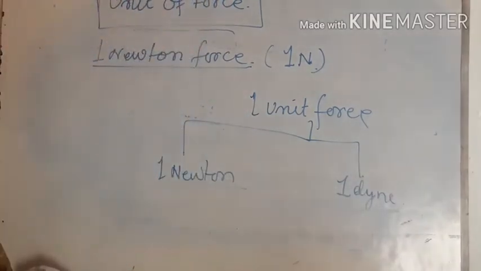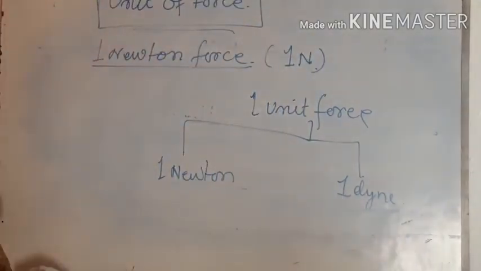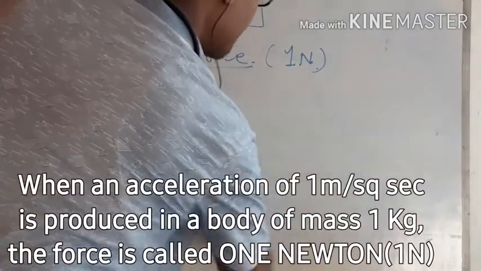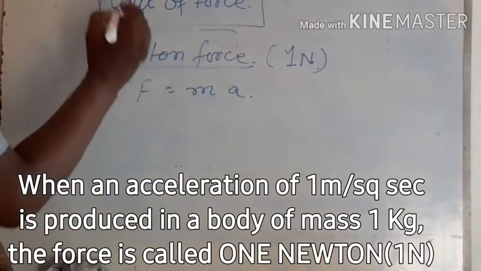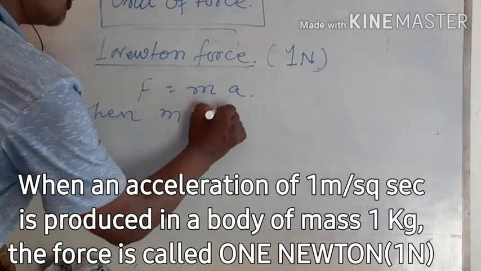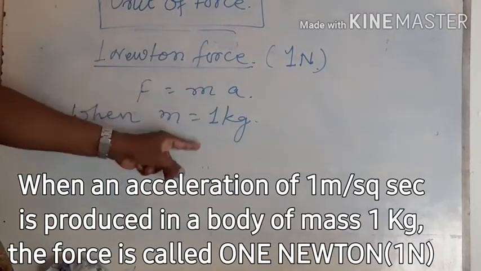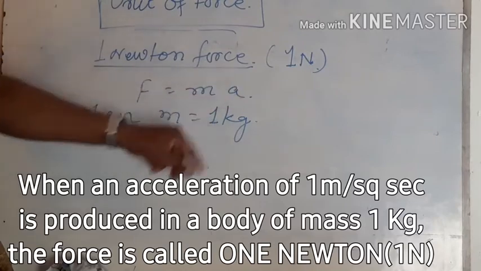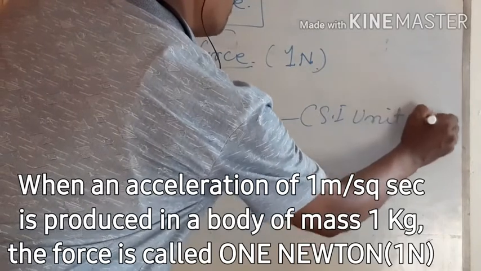Now what is the difference between 1 Newton and 1 dyne? Both are unit force. So let us see one by one. 1 Newton force, applying again Newton's second law, F is equal to m into a, when m is equal to 1 unit kg. अब देखिए वहां पर हम यूनिट ले रहे थे, अब यहां पे हम 1 kg ले रहे हैं. kg is the SI unit of mass.